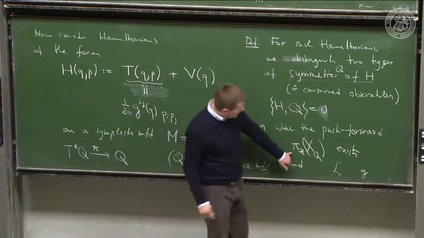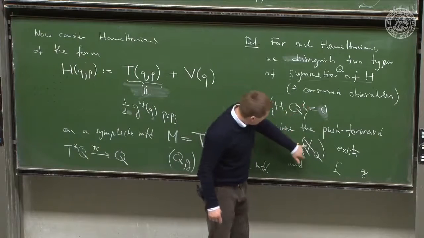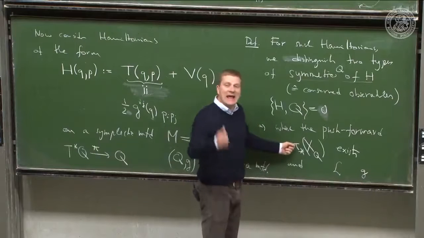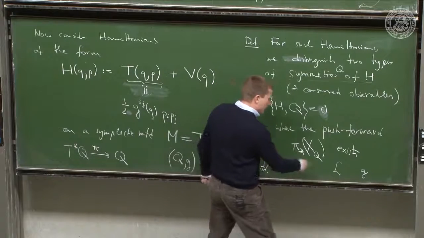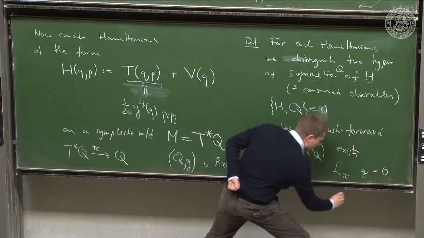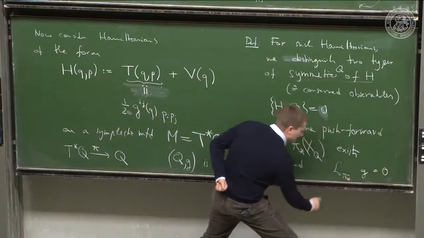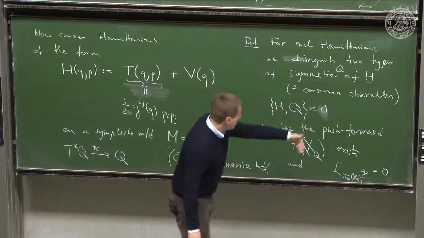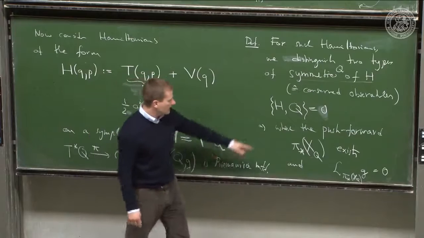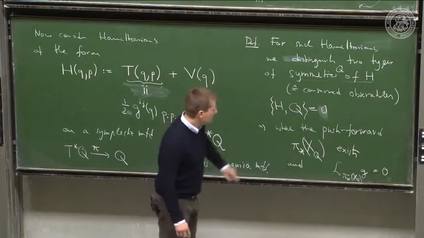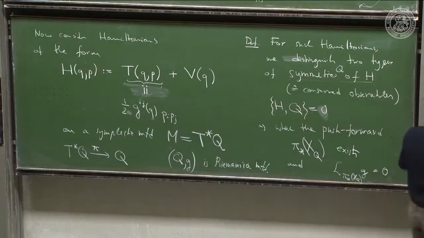If the push forward of the Hamiltonian vector field with respect to the symmetry of H, A, exists, and it's a Killing vector of G, that means the Lie derivative with respect to it of the metric, which now of course lives down there, is 0. This is called a kinematical symmetry.